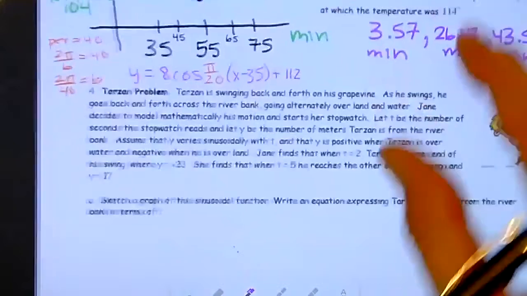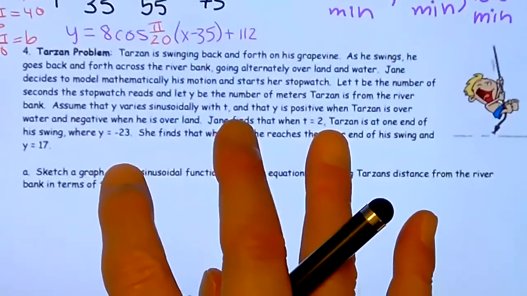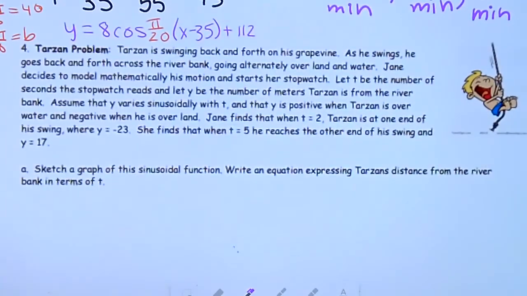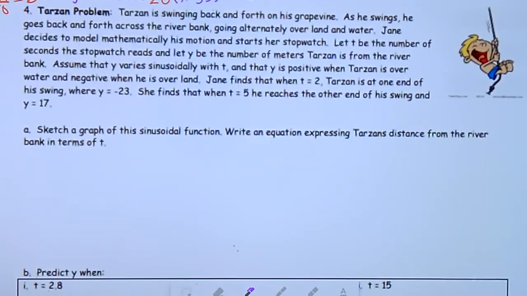Last problem. Tarzan problem. So Tarzan is swinging back and forth on his grapevine. As he swings, he goes back and forth across the riverbank, going alternately over land and water. Jane decides to model mathematically his motion and starts her stopwatch.